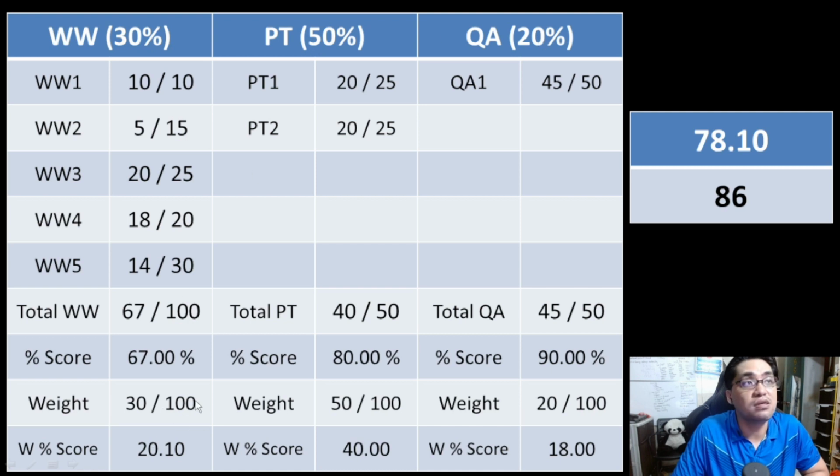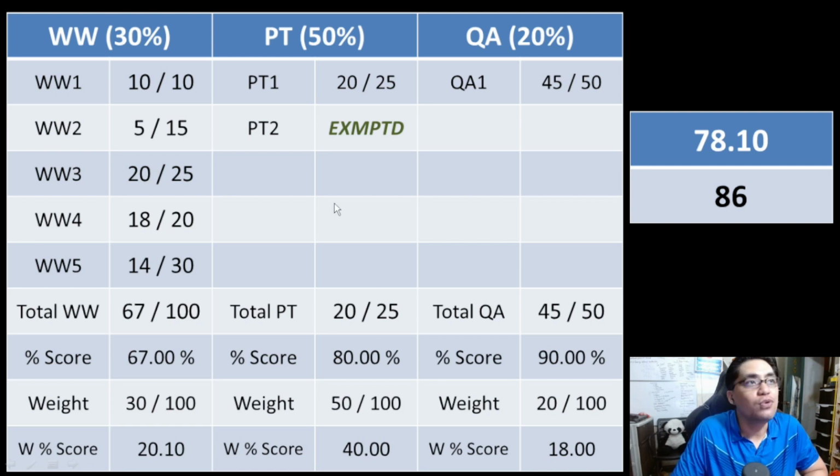That is why it says there 30 over 100. So percentage score times 30 divided by 100, weighted percentage score is 20.10. So you have here performance tasks and you have here quarterly assessments. After you calculate all of this, initial grade is 78.10, transmuted is 86.